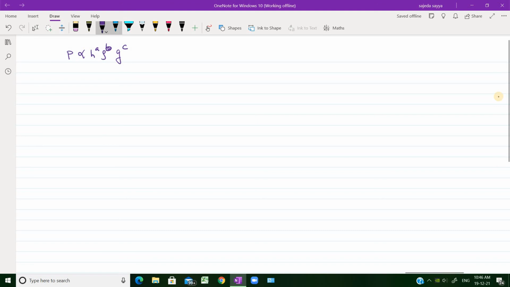So we are asked to find P, that is, we are asked to derive the formula of pressure P. To find this pressure P, we first need to express this equation in terms of equality. Therefore, P is equal to K H raised to A, rho raised to B, G raised to C. So this is our equation 1, where K is constant.